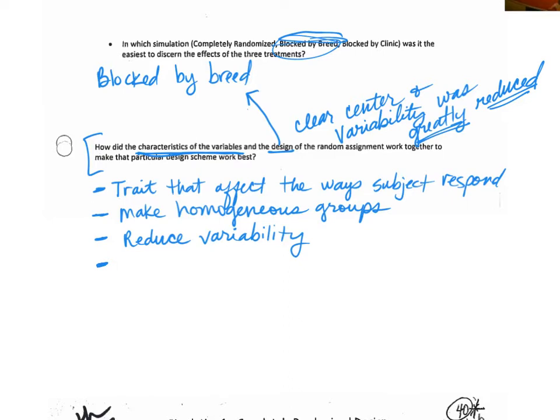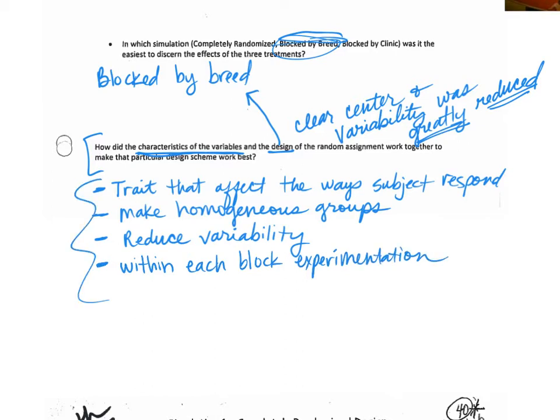Repeat it with the. Perfect. We said repeat within the average weight block or whatever. So we repeated within each block. And so that's the final thing. Within each block, you have that same experimentation. So these are the key phrases in summary that I want you to know about blocking.